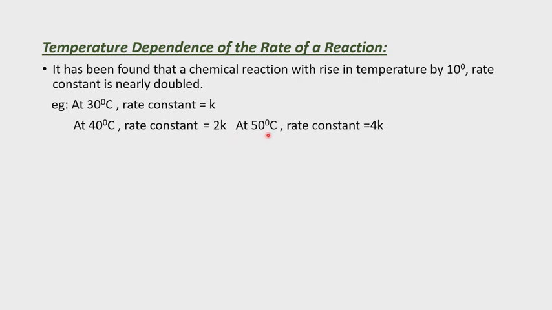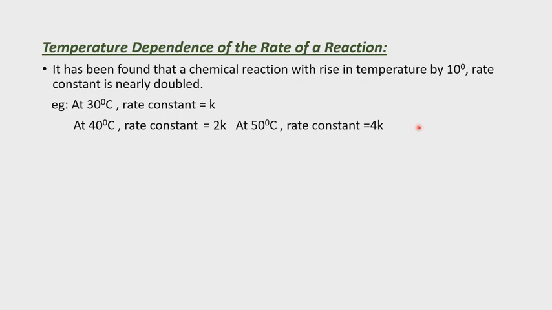At 50 degrees centigrade, 2K will again be doubled, so 4K. That means as the temperature difference increases by 10 degrees centigrade, we multiply by 2. Next, at 60 degrees centigrade, it will be 8K. At 70 degrees centigrade, it will be 16K.